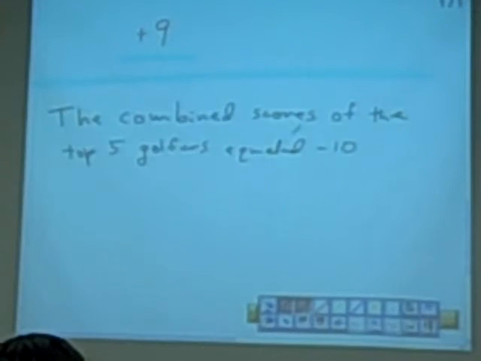So we have the combined scores of the top 5 golfers equal to negative 10, period.